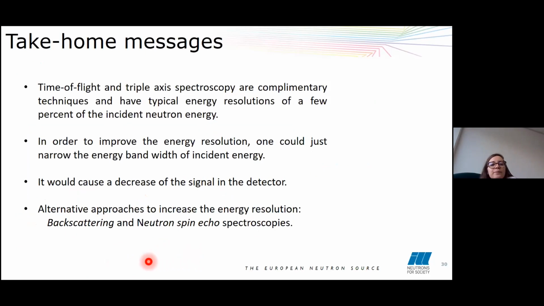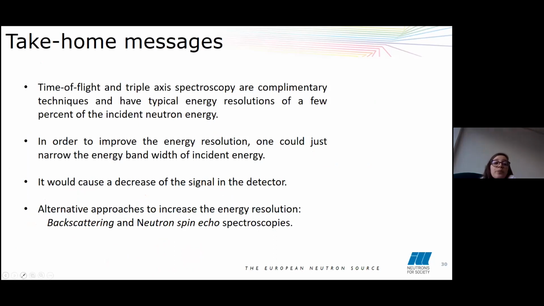So finally, just to sum up what we've discussed here, here are some messages. Time of flight and triple axis spectroscopy are complementary techniques and have a typical energy resolution of a few percent of the incident neutron energy.